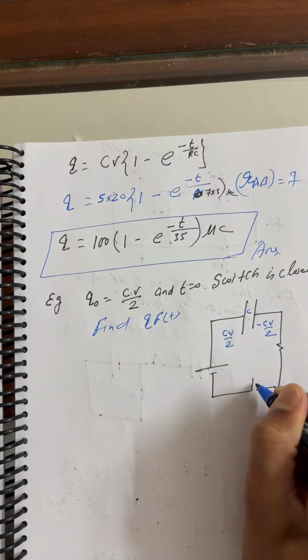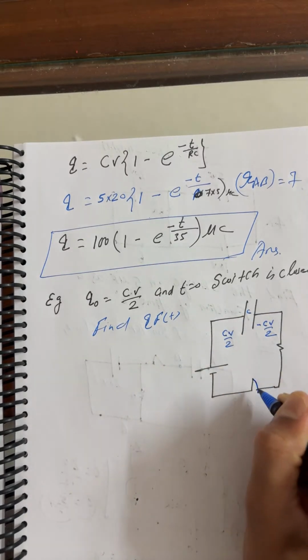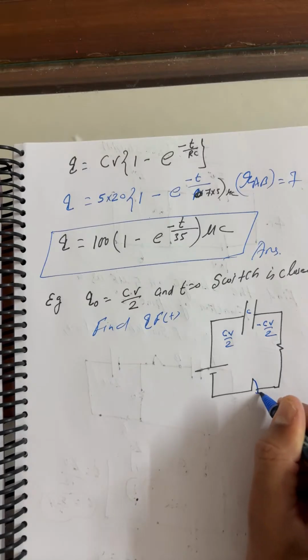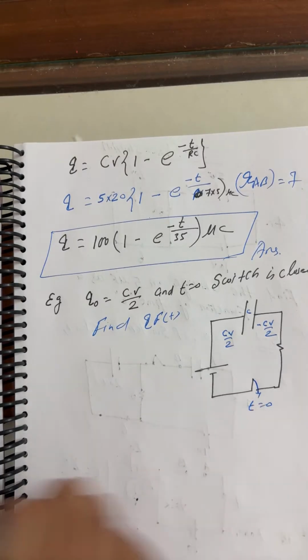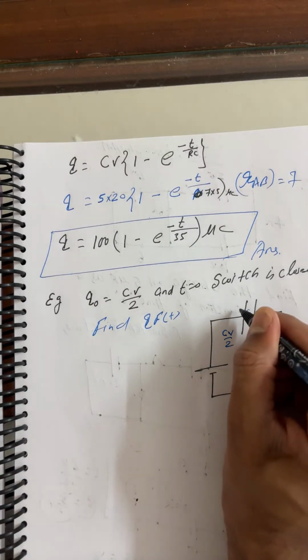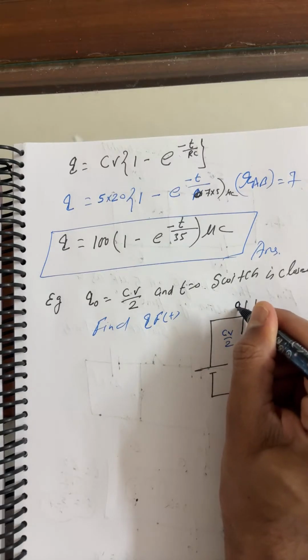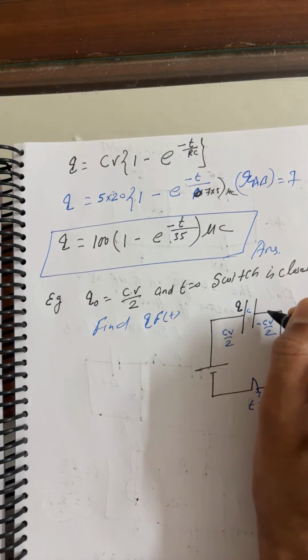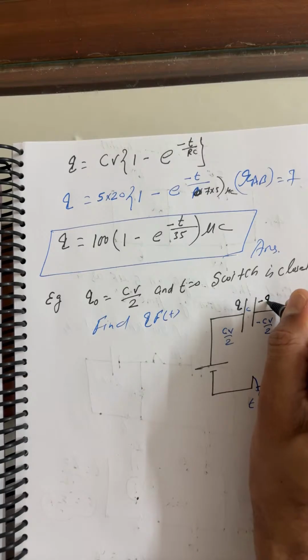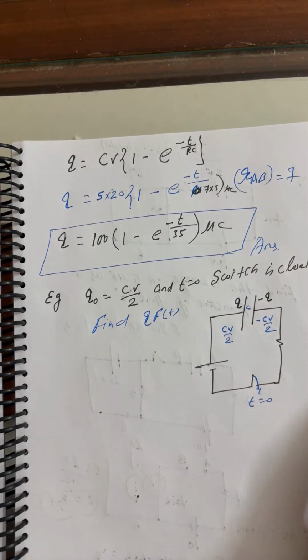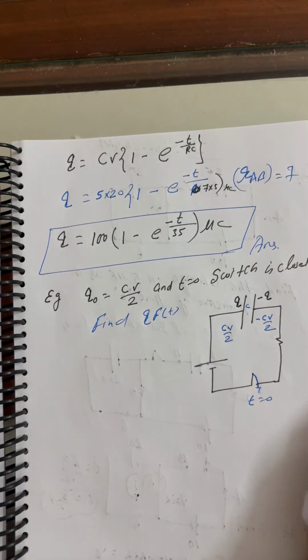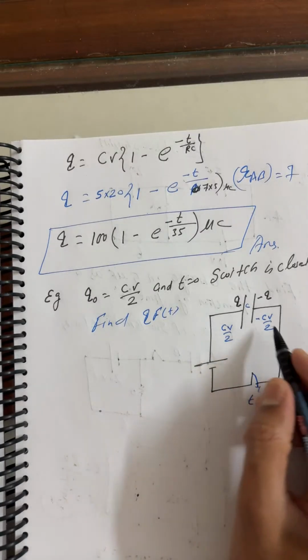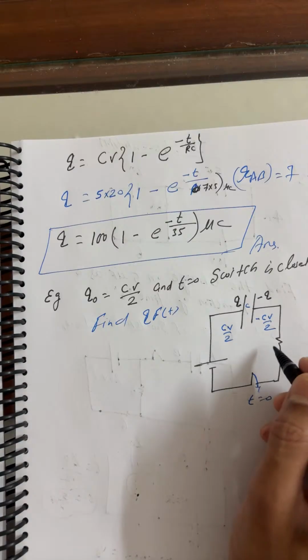Let us suppose once you close the switch at t equals 0, the charge started decreasing. I am calling this plus q and this minus q. First I'll apply KVL for this loop.